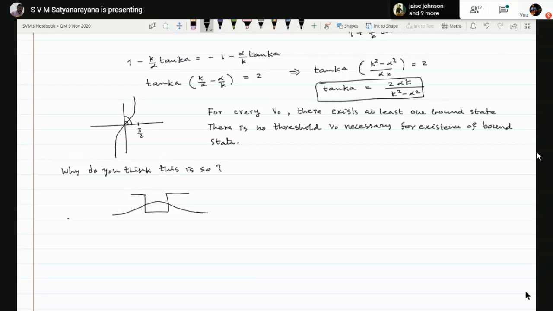You can actually have something like this. So this is how the bound state looks, because it is bound here, and then it exponentially decays on both sides. So whatever is the smallest V0, you can always find a wave function which can penetrate into both the regions.